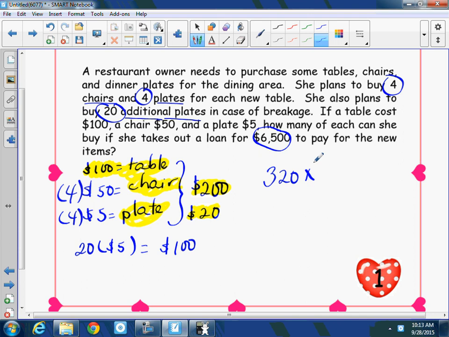So whatever it takes me to buy a dining set times how many dining sets, plus the 100, that should be equal to 6,500. Now I can go to equation solver, or my steps would be take away 100 because it's added, divide by 320 because it's multiplied, and I can buy a total of 20 complete dining sets.